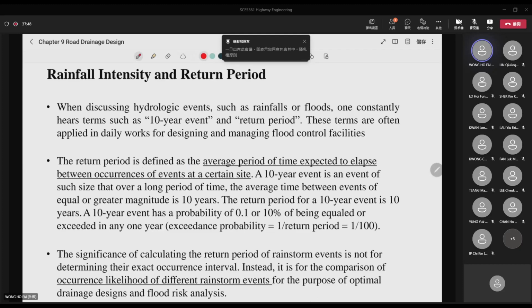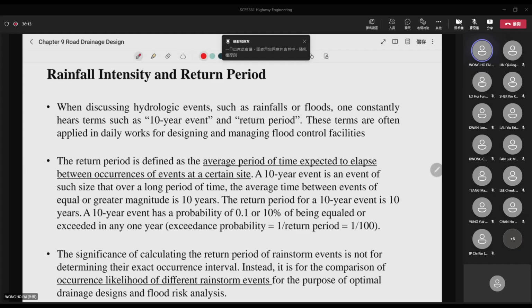So we can call it a 10-year event. It is actually just an average. I'm not saying that the 10-year event must happen every 10 years, but just on average, the probability of having that is not very high, just 1 in 10 years.